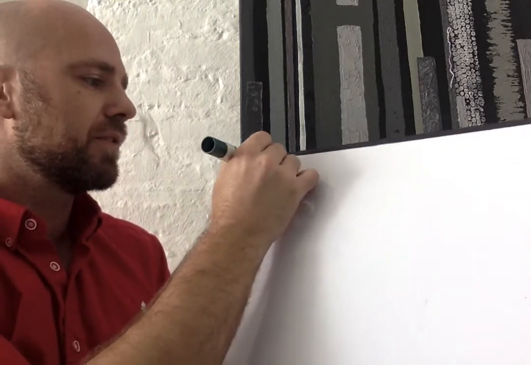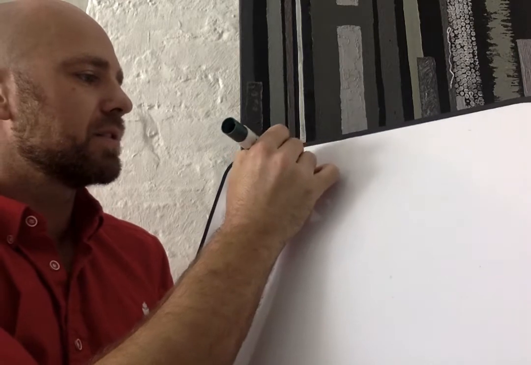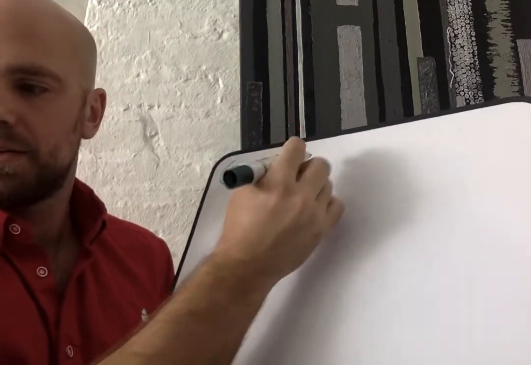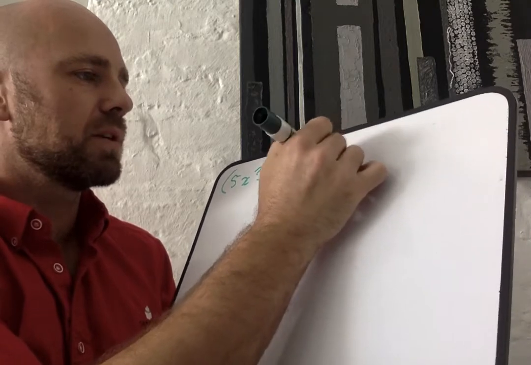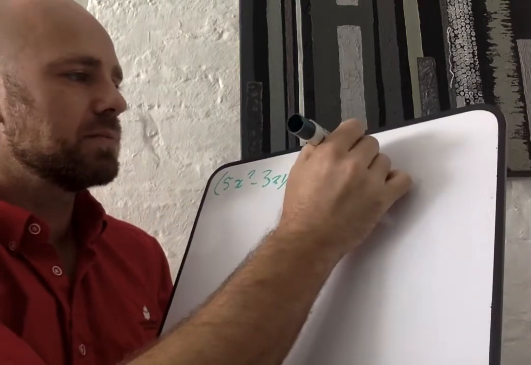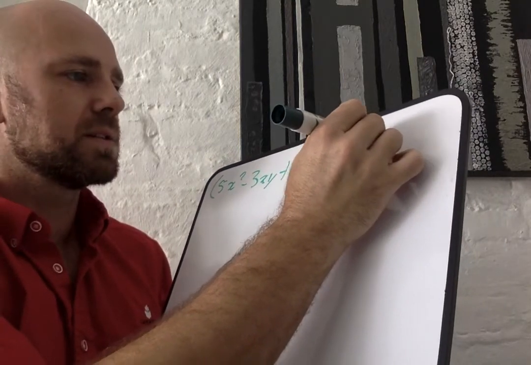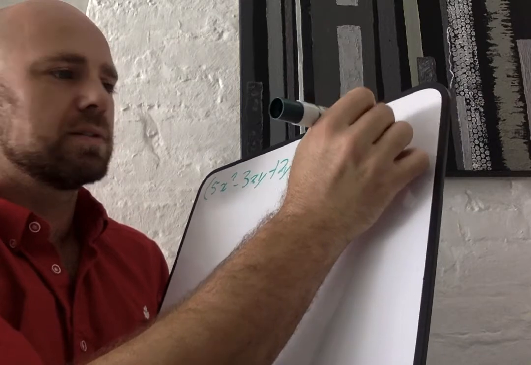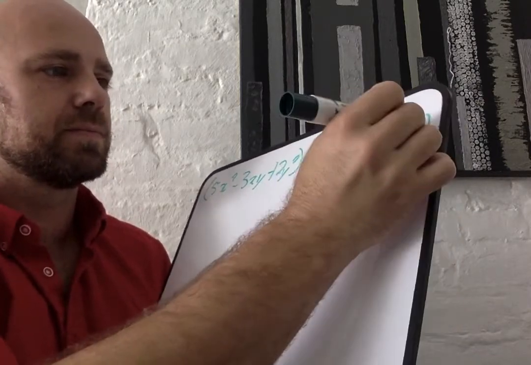So let's go with 5x squared minus 3xy plus 2y squared. So once again, we're going to be using common terms, okay, or like terms. So 8x squared minus 7xy minus 4y squared.